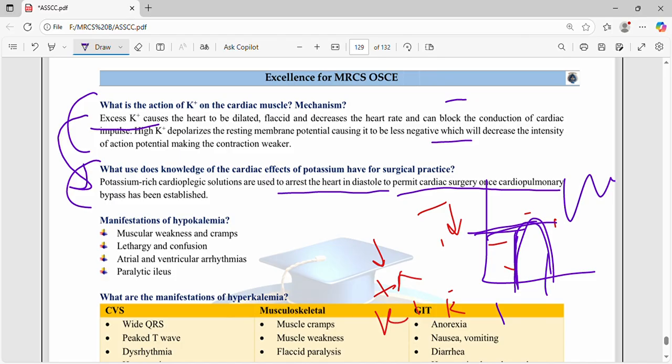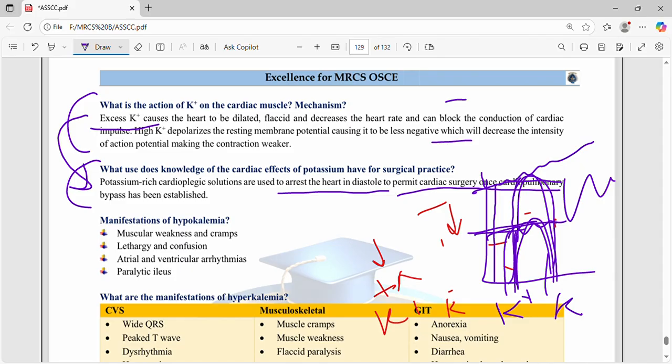So what happens when there is hyperkalemia? This potential is increased. So normally cells get to this point to contract, but in hyperkalemia they have to get to this point to contract. So that's why potassium-rich solutions can cause cardioplegia.